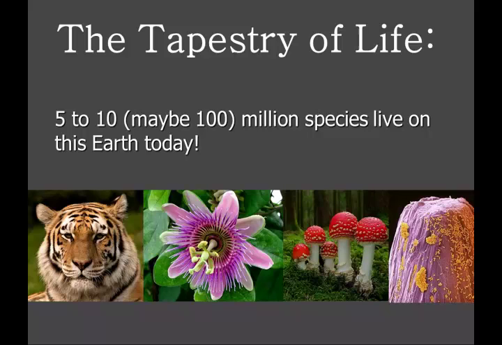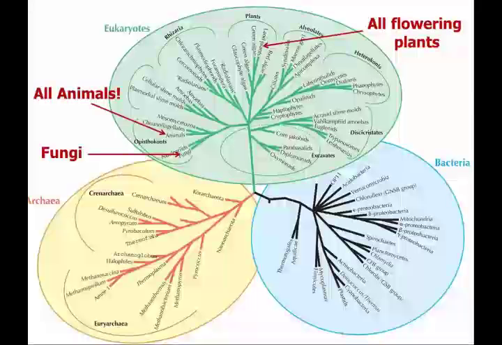If I asked you to name me some types of organisms, you would start telling me different things, and I would just put them into these four different groups. You can probably suspect what's coming next. I'm going to try to show you that you have a very limited view of the diversity of life. I dare say that even a lot of biologists have a limited view of the diversity of life because it's very hard for any of us to capture the real sense of how diverse life is.